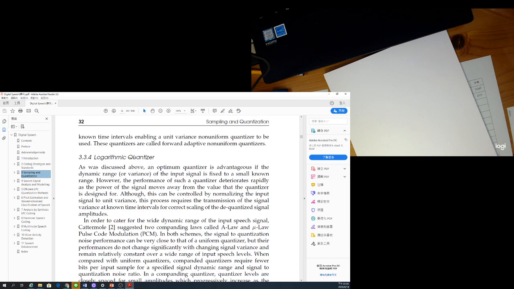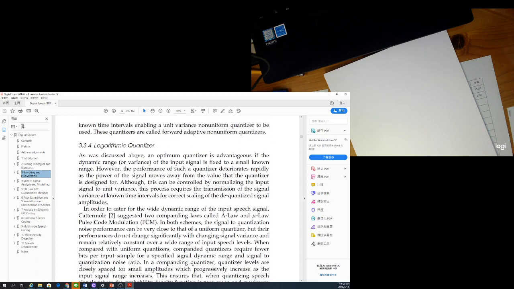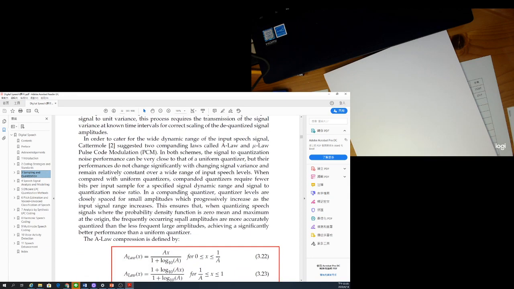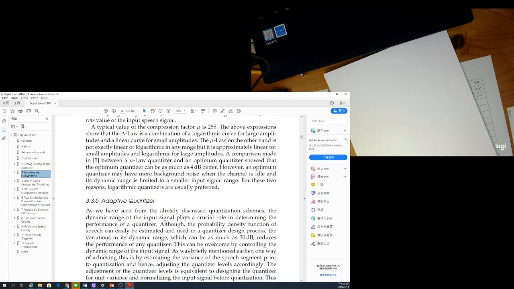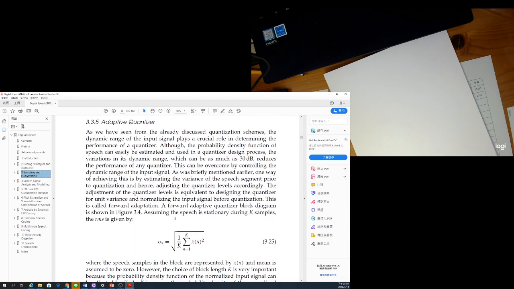Another one, the logarithmic quantizer, like A-law and mu-law. We already talked about that. Another one is the adaptive quantizer, which considers your variance. Suppose this is what we call the standard deviation. Variance is the square; depending on how you define it, they assume the signal mean is 0, so you can define this as your standard deviation.